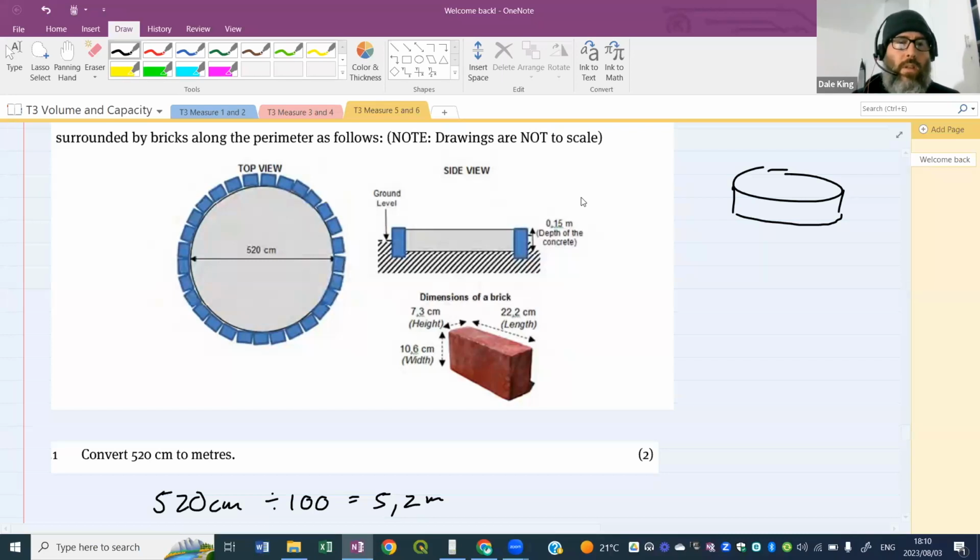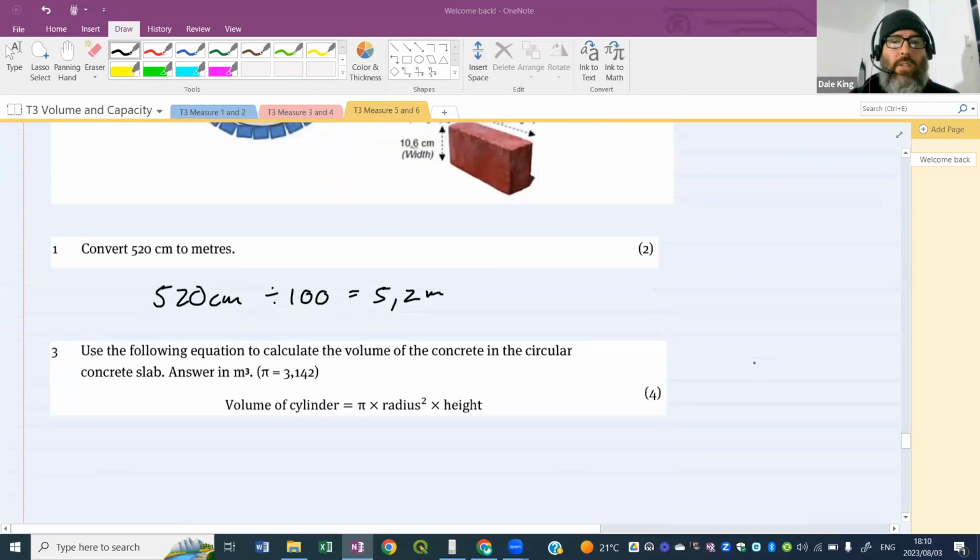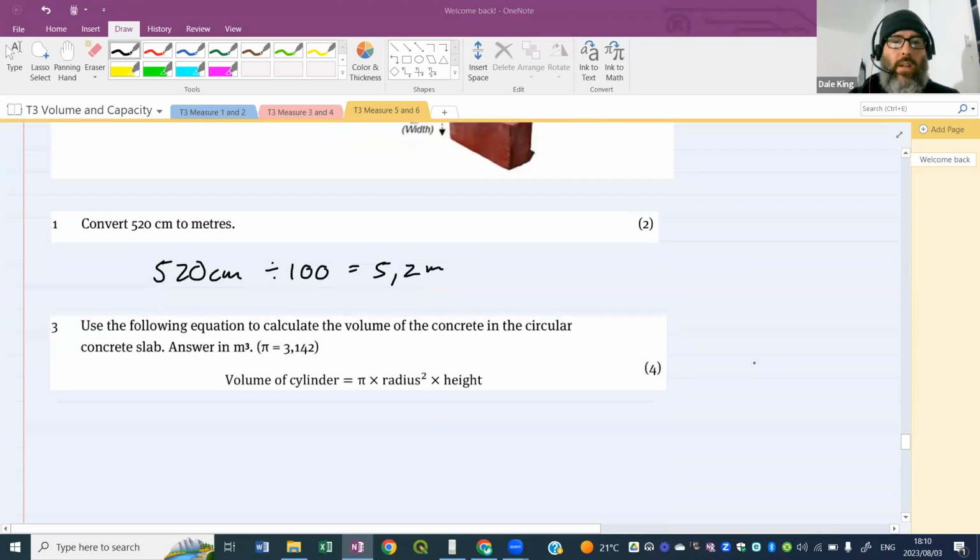Yes, everyone knows that 520 centimeters is 5.2 meters. Good. So we need to calculate the volume of this concrete slab. They want it in meters cubed, which is why question 1 said convert the centimeters into meters. All right, so here we go. I'll draw a little diagram on the right here.